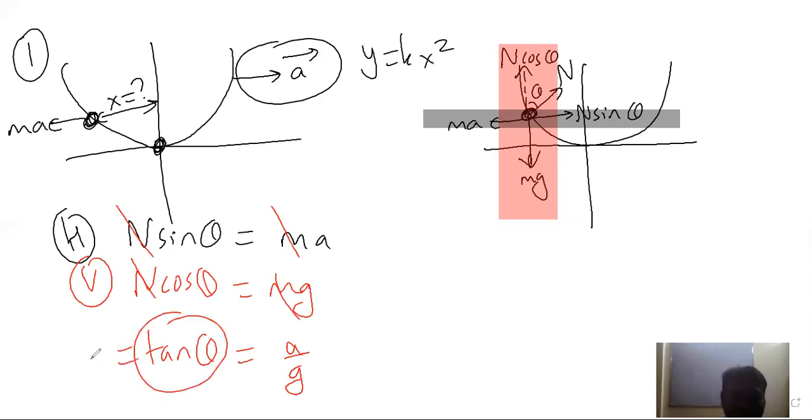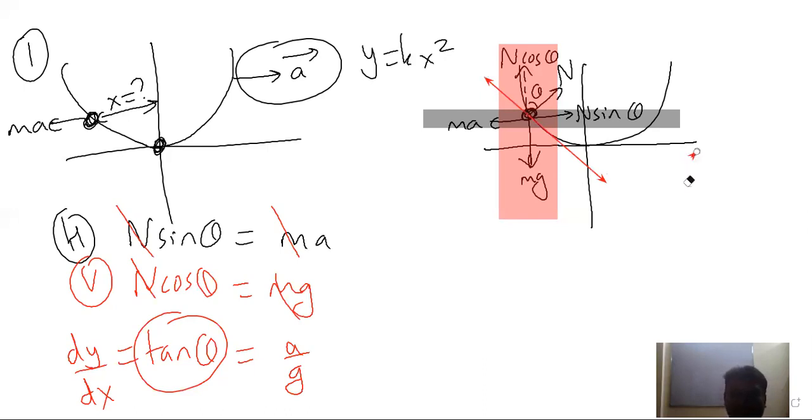But by derivative, we know tan theta is dy by dx, where theta is the angle made by the line with the positive x-axis. Suppose I draw a tangent at this point of the bead, the new equilibrium point of the bead. The tangent will look something like this, and this tangent will make an angle theta.